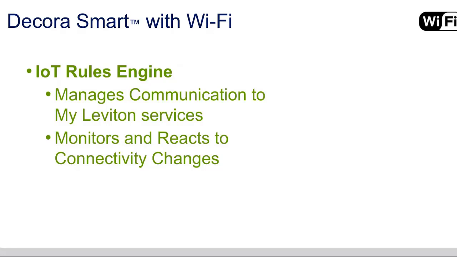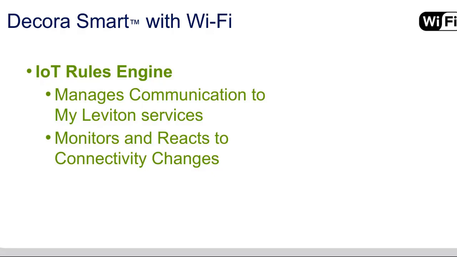So the IoT rules engine: while I'll give a great explanation of how it works technically, and a little bit of an example of how we use it, it can do much more than what I'm going to explain right now. But this is a real world use case of how we use it. He already explained that it manages communication amongst services, or basically it's the way for incoming messages to be converted into actionable events.